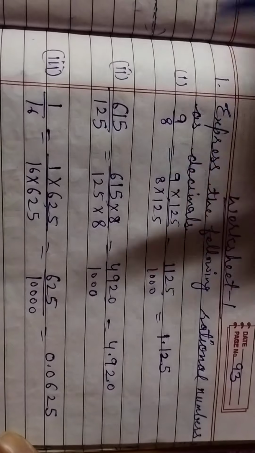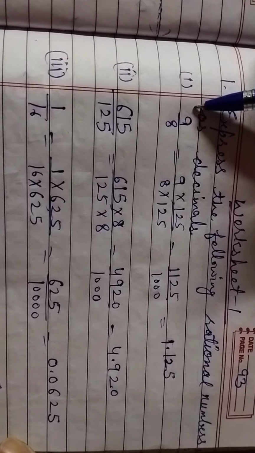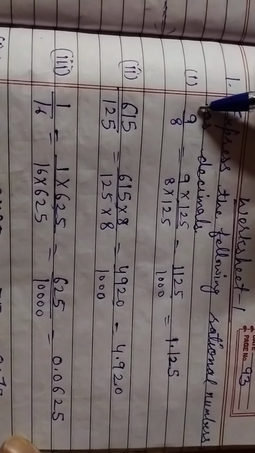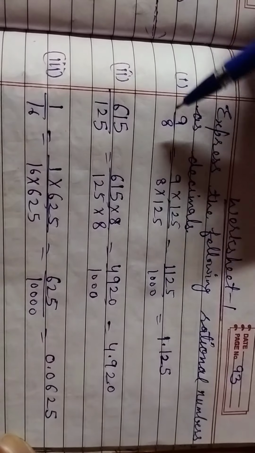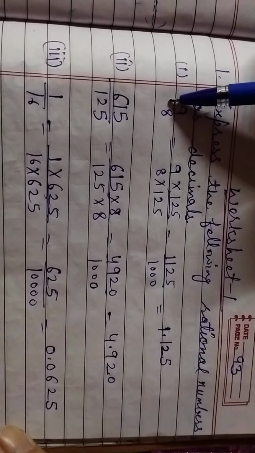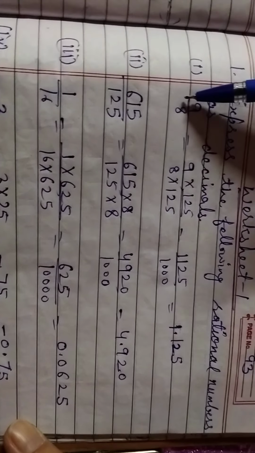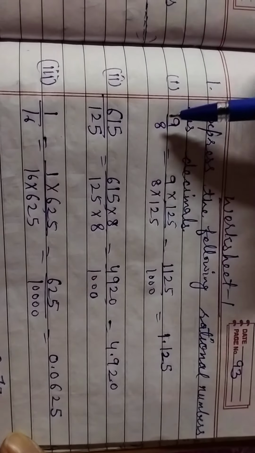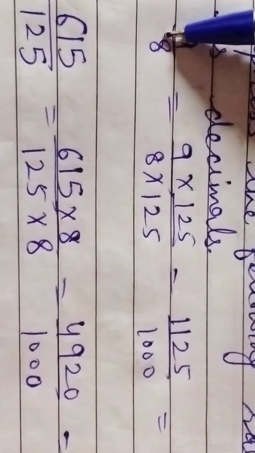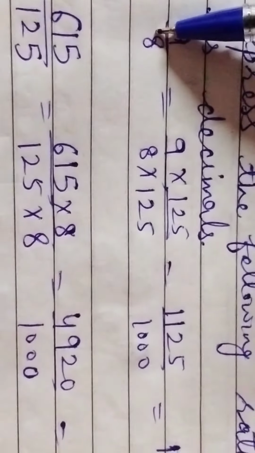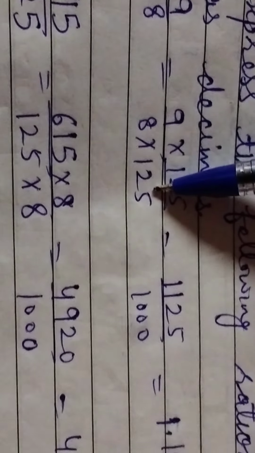I told you, although we can write these rational numbers in decimals directly, to make it easy we will convert the denominator into zeros form, meaning 10 or powers of 10. Clear? To solve this, we will make this denominator a power of 10. We will multiply this 8 by 125.